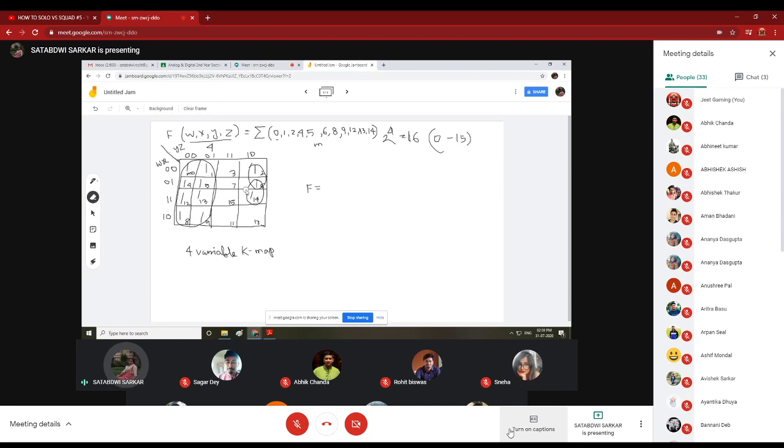Otherwise, one thing is there: if you make a fold of this paper or of this K-map, suppose we are folding one paper, then these 2 variables come together with these 2 variables. If we make a fold, this part and this part will come together. So we cannot take these 4 values, because 4 plus 2 is 6, and 6 is not possible.